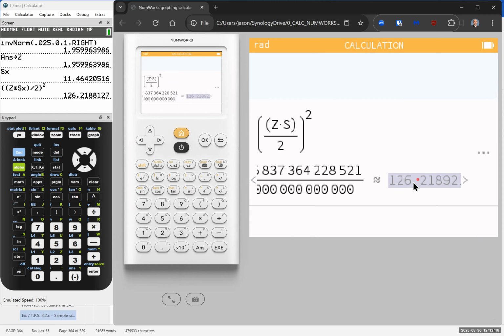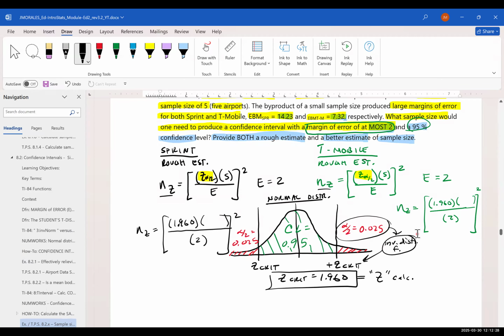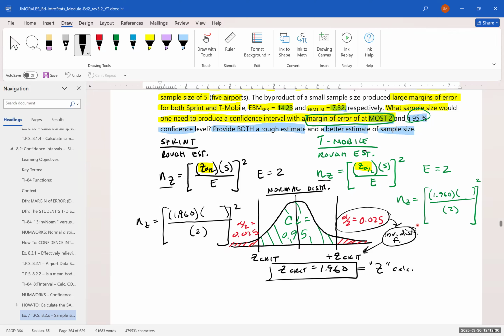Okay, so I'm just going to put 126.2 and I'll put dot, dot, dot. How about that? So this is going to be 126.2 dot, dot, dot. And I'm going to want to round that up to 127.